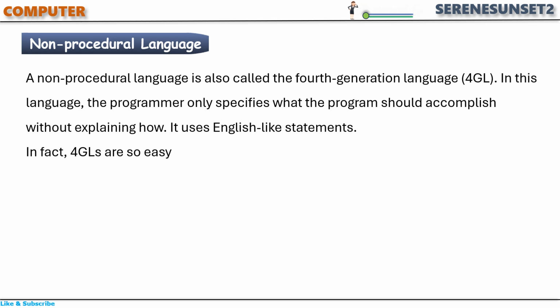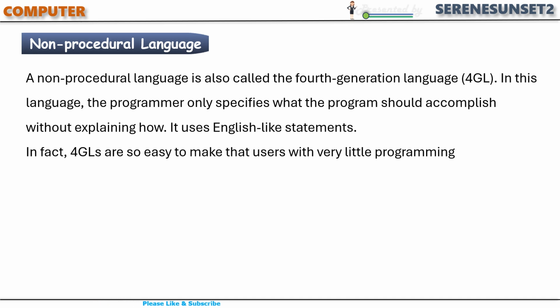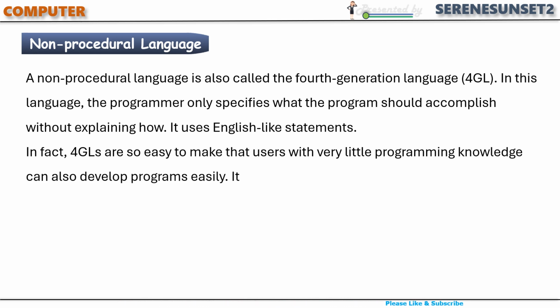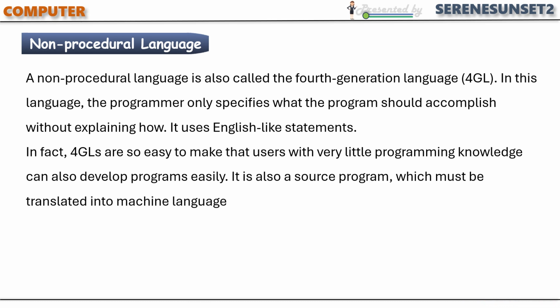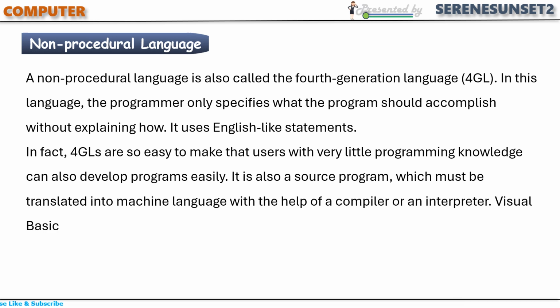In fact, 4GLs are so easy that users with very little programming knowledge can also develop programs easily. It is also a source program which must be translated into machine language with the help of a compiler or an interpreter. Visual Basic, Java, etc. are examples of 4GL.